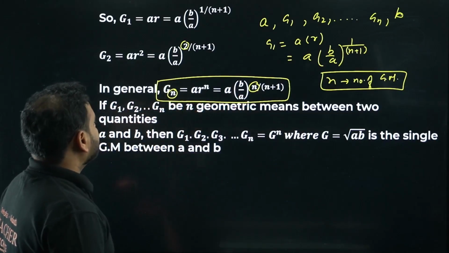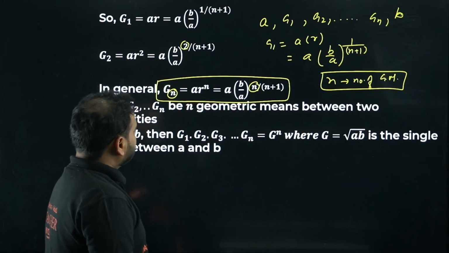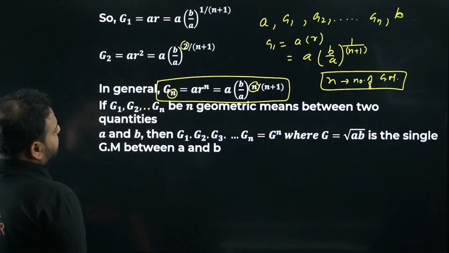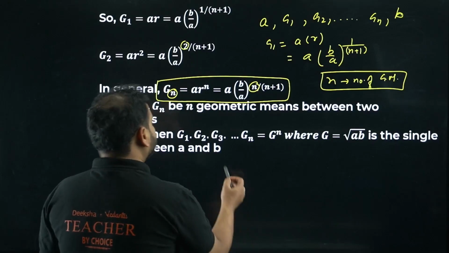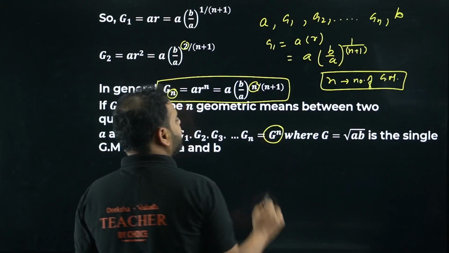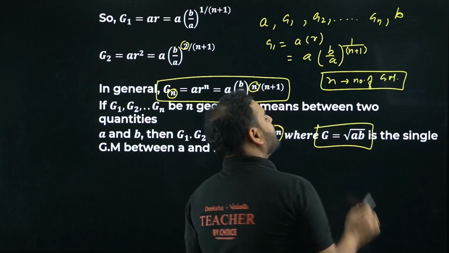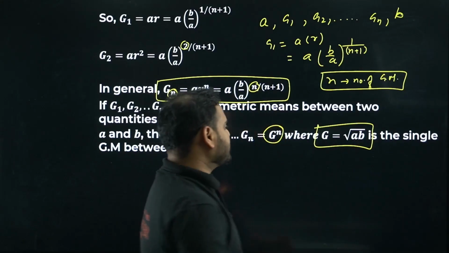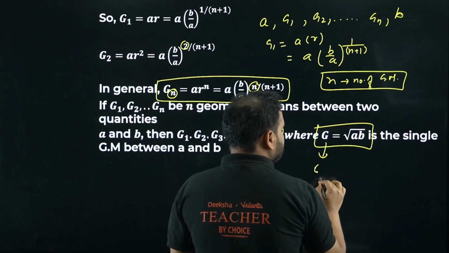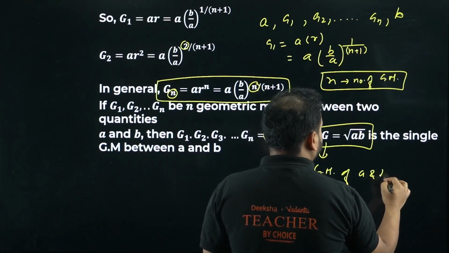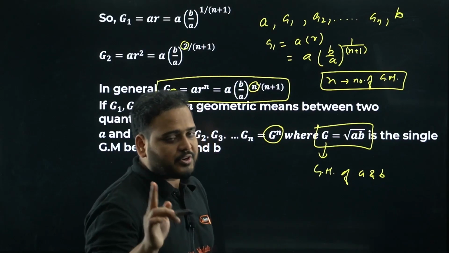Now if g1, g2, up to gn are n geometric means between two quantities a and b, then g1 times g2 times g3 up to gn will be equal to g power n, always g power n, where g is given by root of ab. This is the geometric mean of a and b, a single geometric mean, not n geometric means.